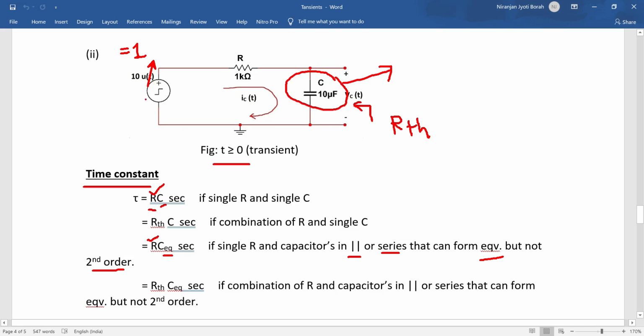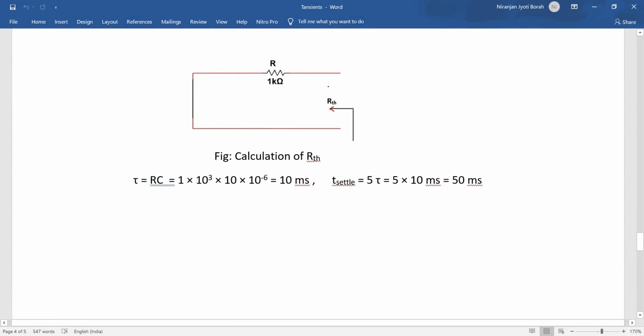Then the independent voltage source will be short circuited, and we'll remove these ground connections. Then the circuit will look as shown. So RTH will be equal to 1 kilo ohm. By using the formula tau equals R into C, the time constant will be equal to 10 milliseconds.